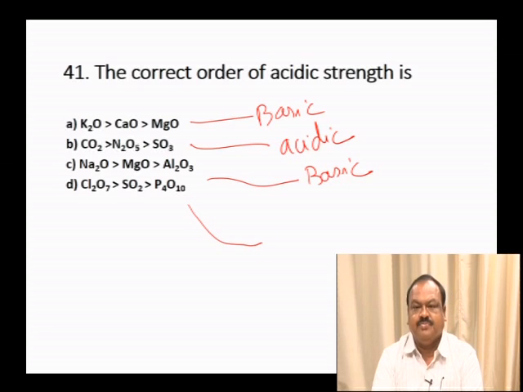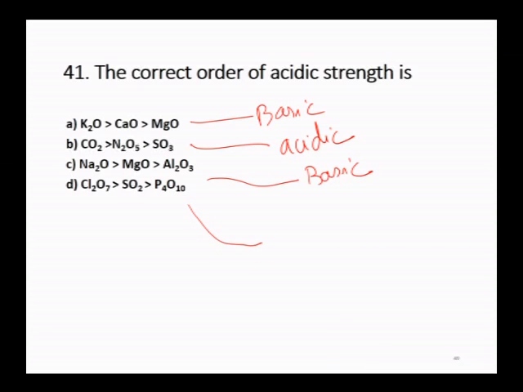Cl2O7, perchloric acid, sulphur dioxide, P2O5, phosphorus pentoxide, which is a dimer.